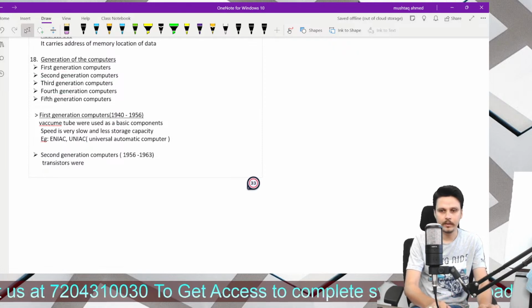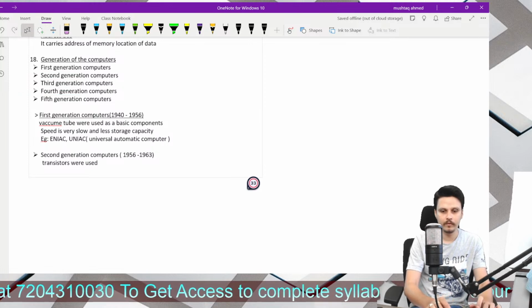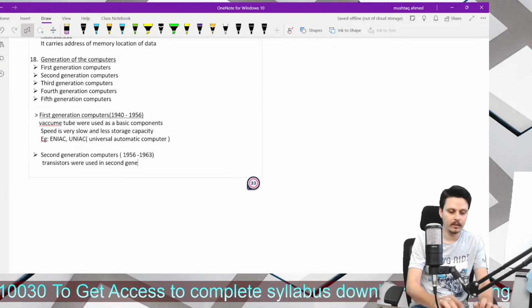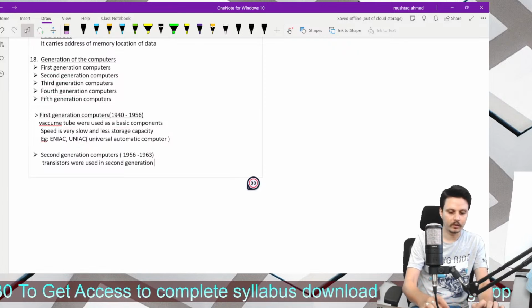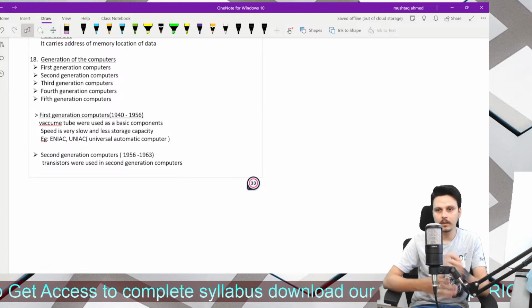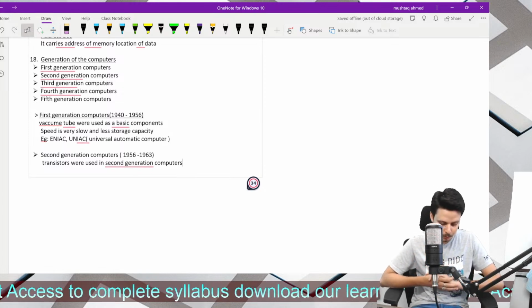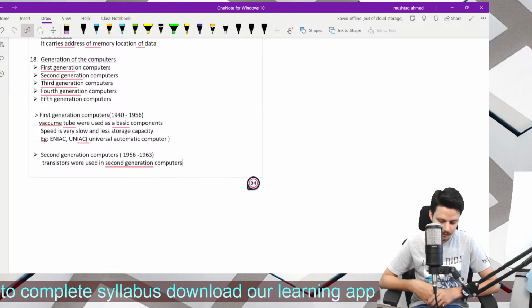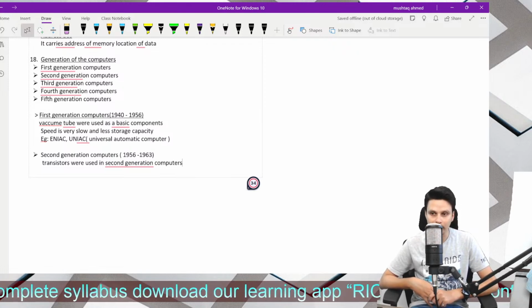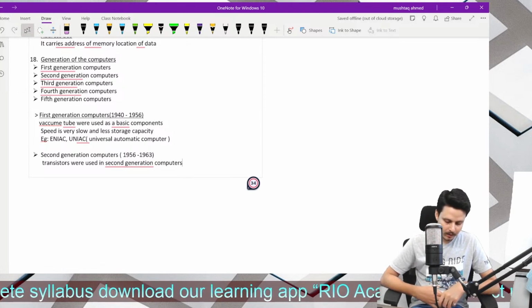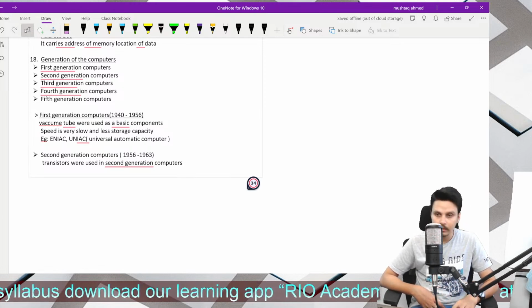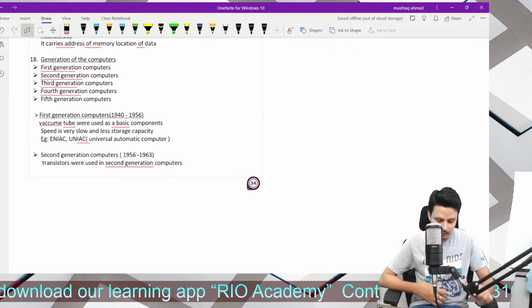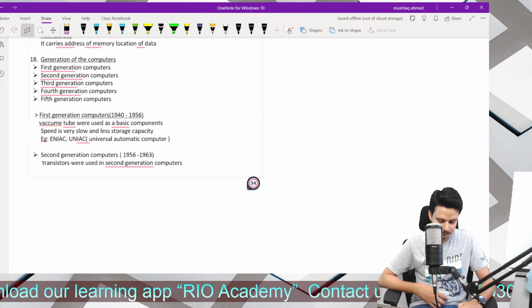Transistors were used in second generation computers. Speed is much faster compared to the first generation computers, and the storage capacity is higher than the first generation computers.